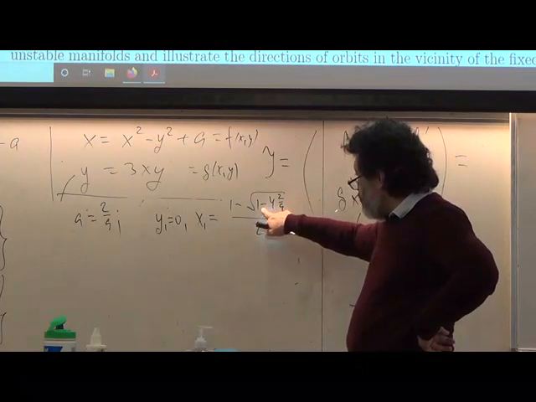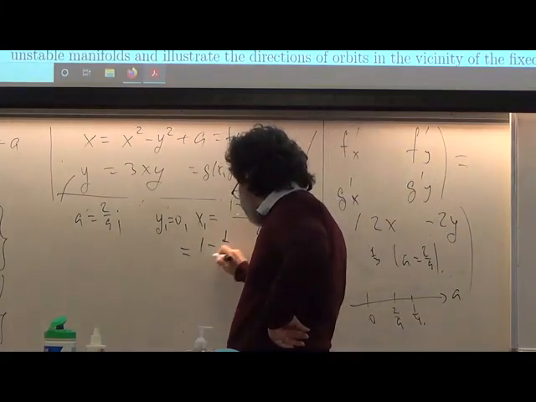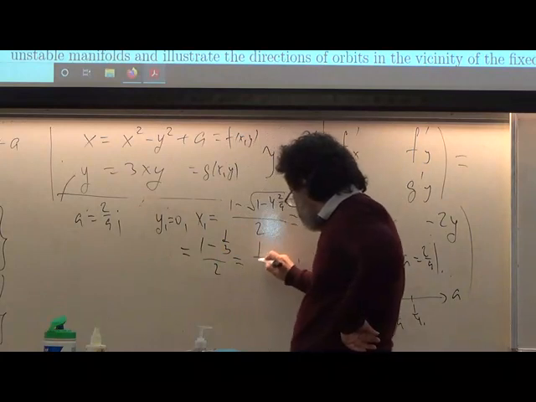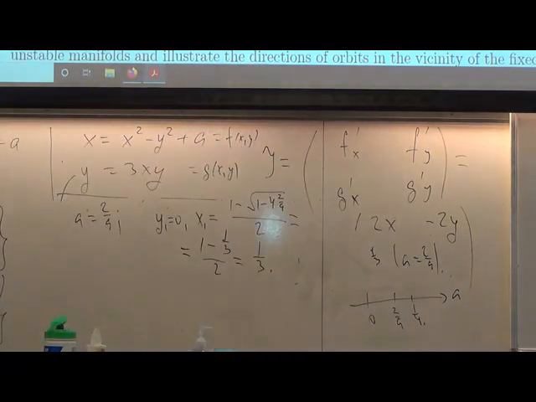This will be 1/9 minus 1/3. This will be 1 minus 1/3 divided by 2 plus 1/3. Now I see what it is. So you see, when A equals 2/9, this guy is 0, 1/3. And this equals these two guys. X is 1/3 and y is 0.